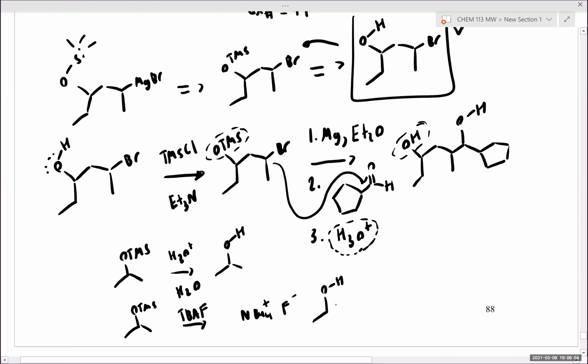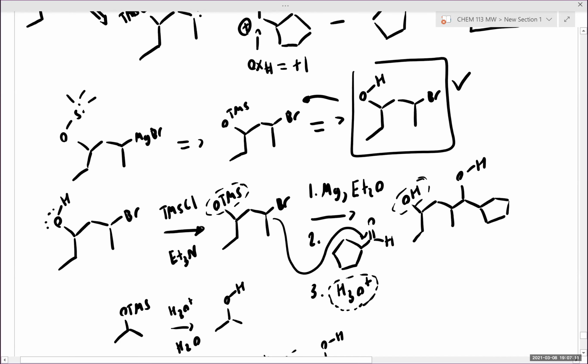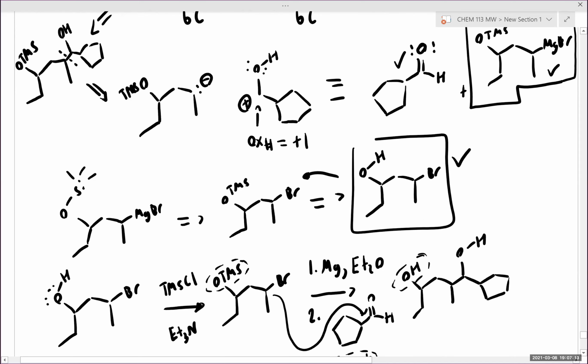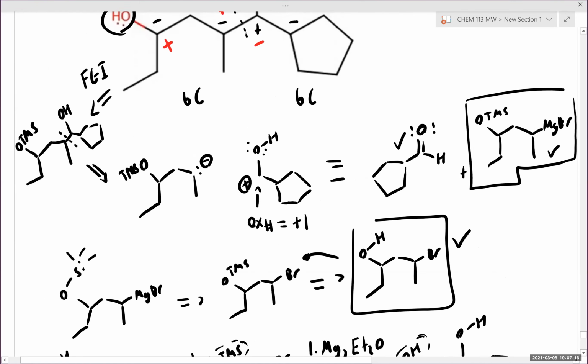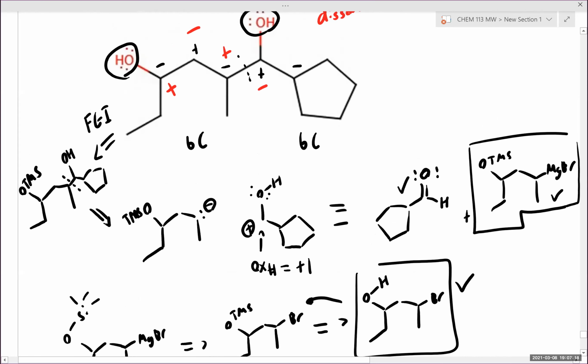Okay, so the two takeaways from this example. One, well, this was discussed earlier on in the chapter when we talked about TMS protection. The main point I want everyone to notice is this idea that these protection and deprotection reactions have a purpose. They're used as part of synthetic planning to enforce chemoselectivity and minimize undesired reactions.